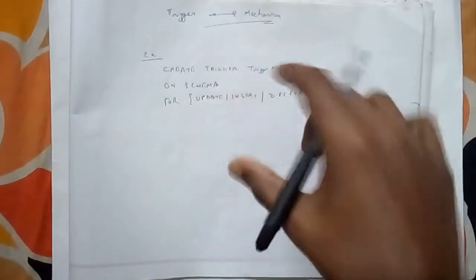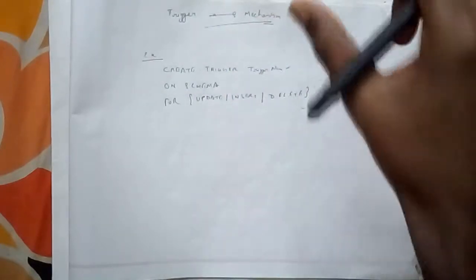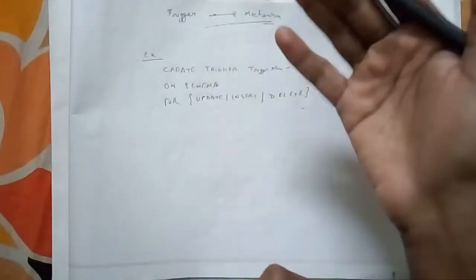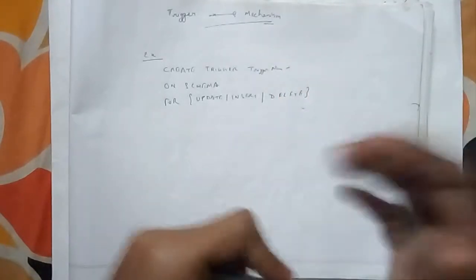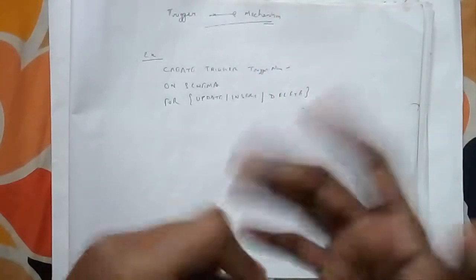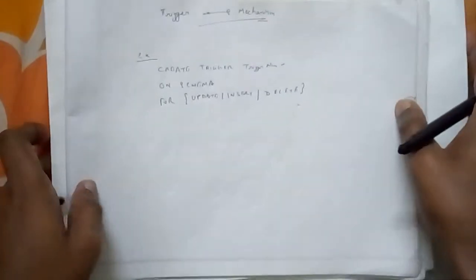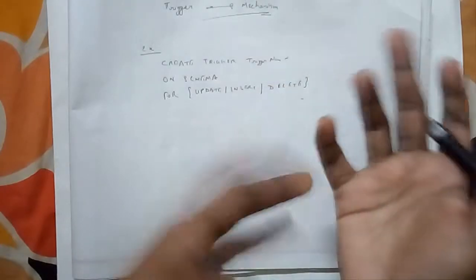You can just give the definition, like the definition I told you, and then the example I've given of your login purpose, which scores you 2 marks, and then the advantage and disadvantage, which will score you 3 marks. So this example is not mandatory, because it is hard to remember sometimes.